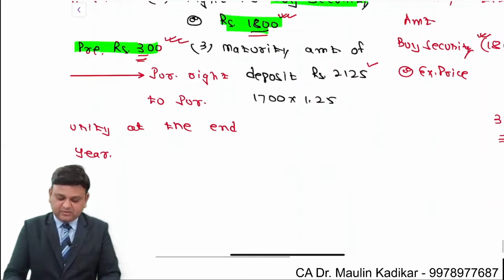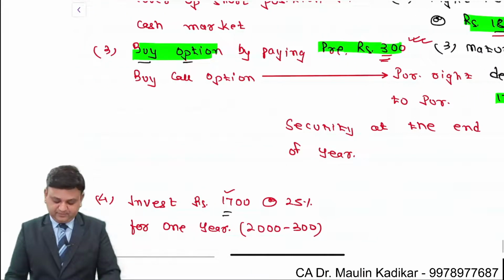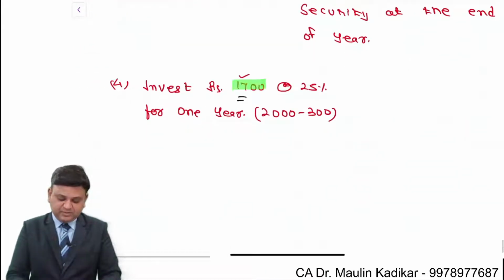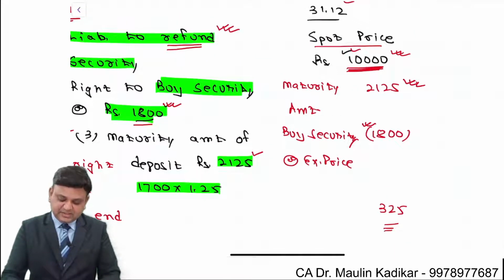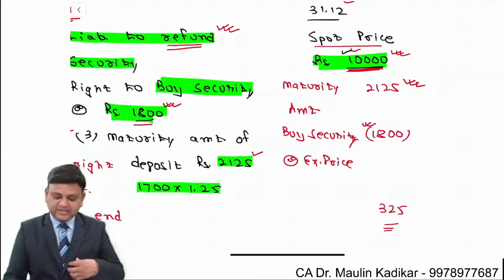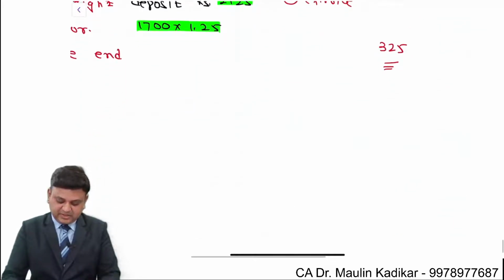And we have maturity amount of deposit 2125, 1700 into 1.25. Why? Because 1700 rupees was invested. Now when the price of the security is 10,000, then in that case what we will do, you will exercise your right. Whether you will exercise your right, the answer is yes.